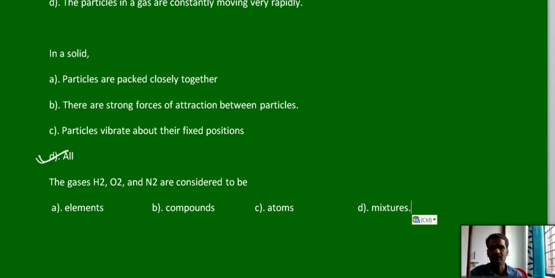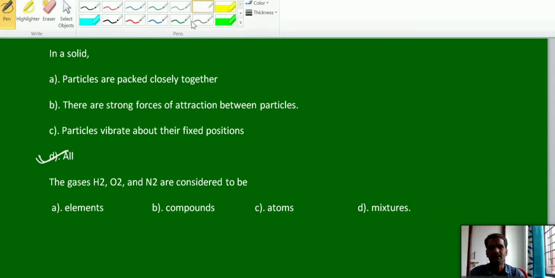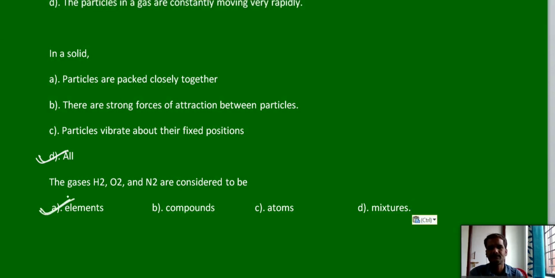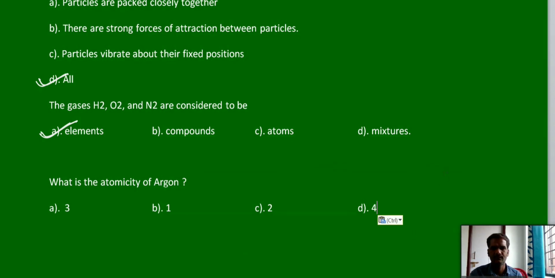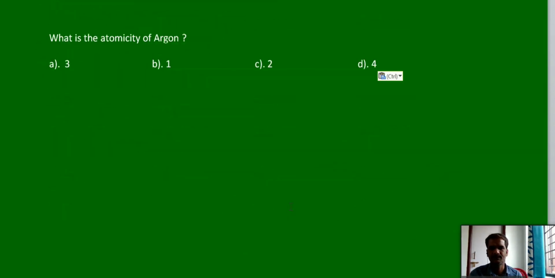The gases hydrogen, oxygen, nitrogen are considered to be: are they elements, compounds, atoms or mixtures? Elements or atoms? Elements. And see this question.